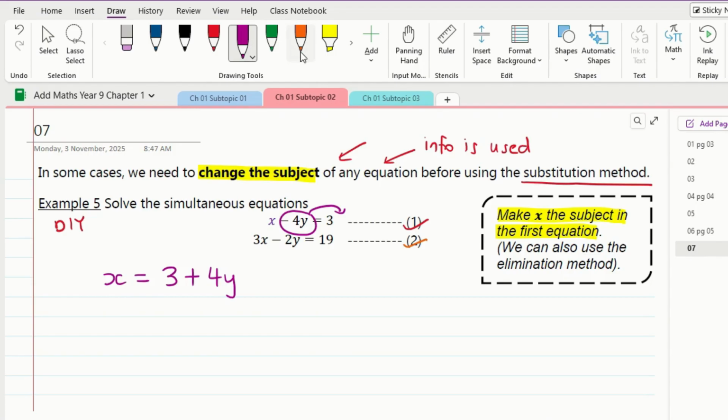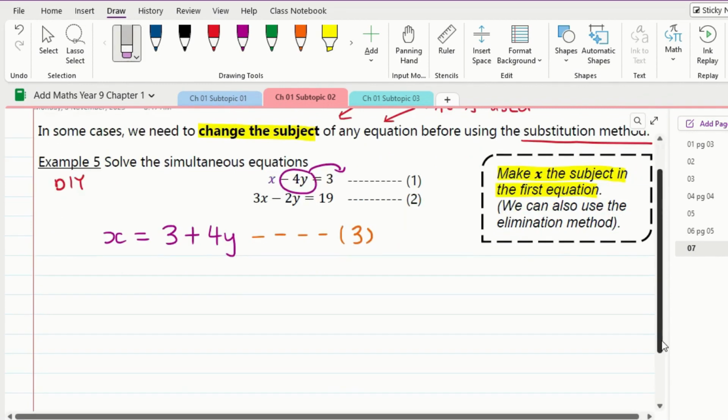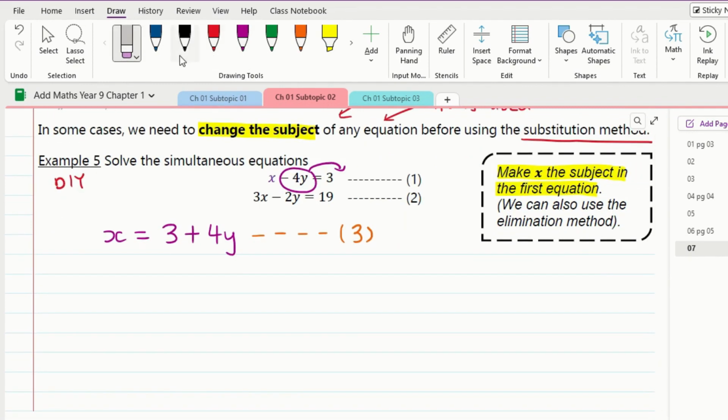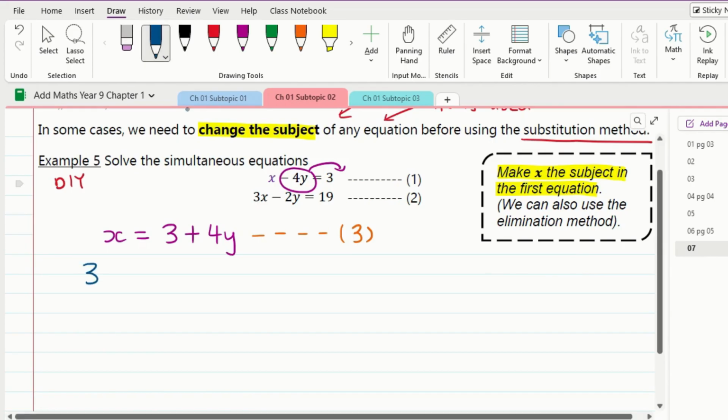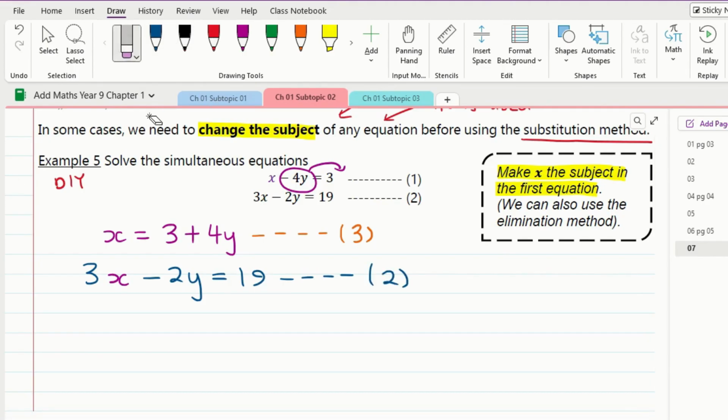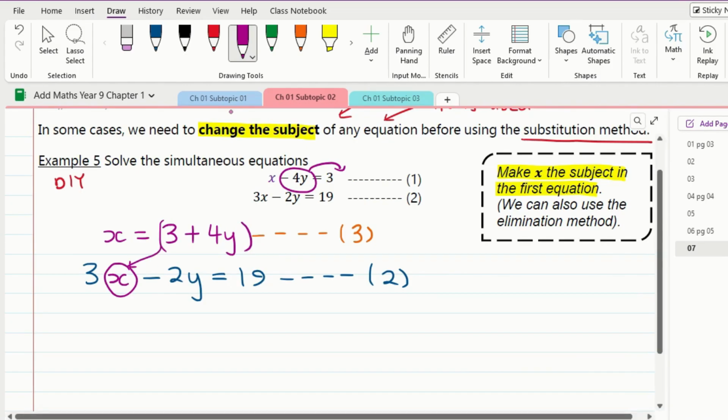So let's consider this as your third equation. Now, for the second equation, you don't have to make any change, but just identify which unknown has to be replaced. In this case, I will rewrite the second equation, but I will focus on x. I changed the color here, so you can see x must be replaced with 3 plus 4y.